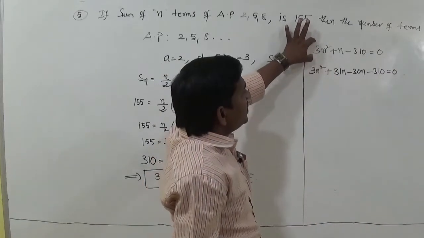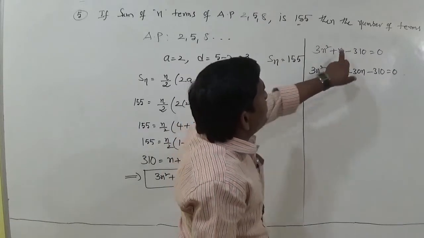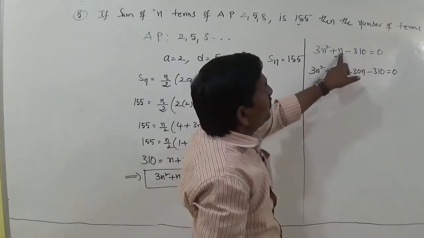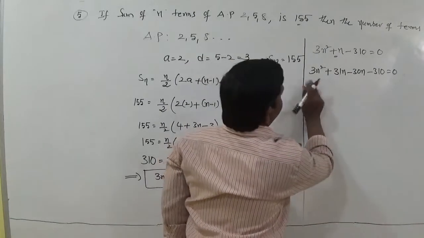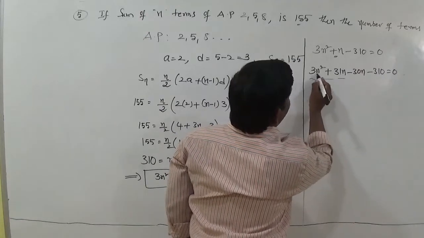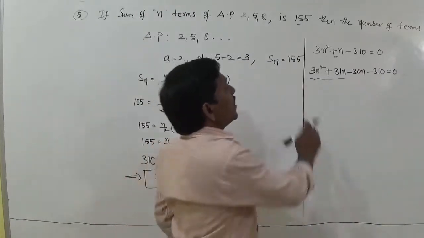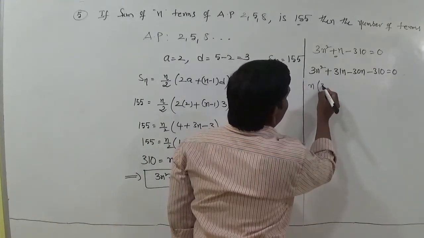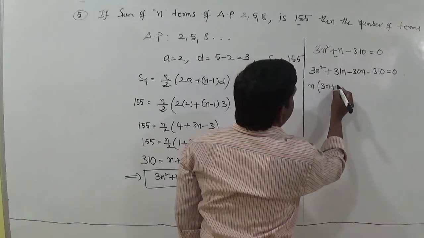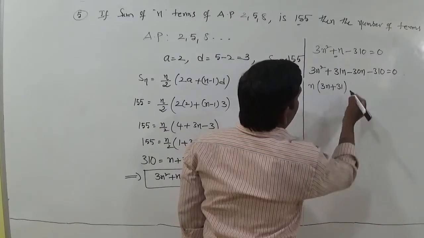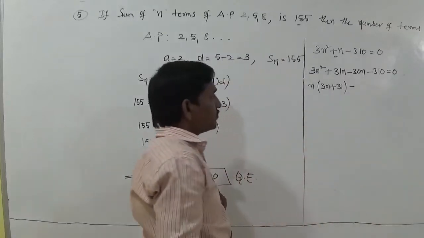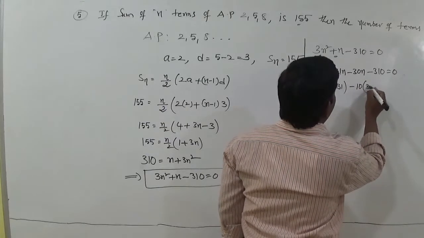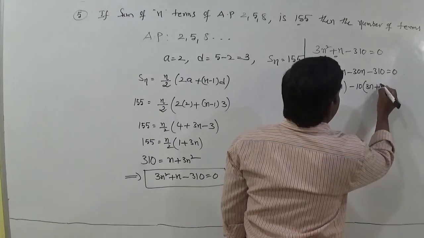The middle term is split as 31n minus 30n. Here in 3n square plus 31n, n is the common factor. So take out n as common: n into (3n plus 31). Then take 10 as common: minus 10 into (3n plus 31). Check once again: minus into plus is minus, minus 10 into 3n is 30n, minus 10 into 31 is 310. What is the common expression here? 3n plus 31.